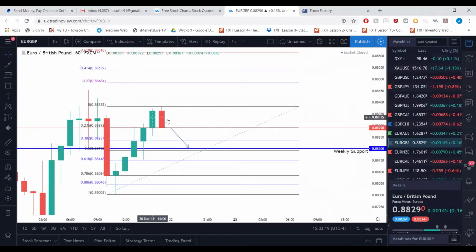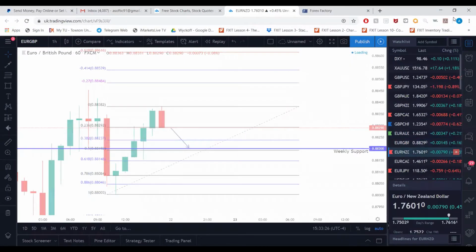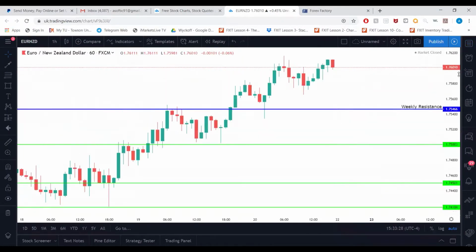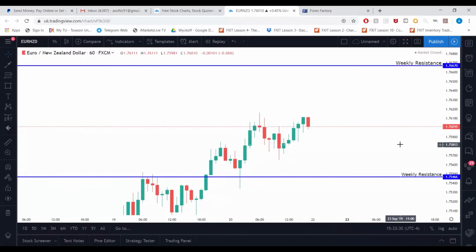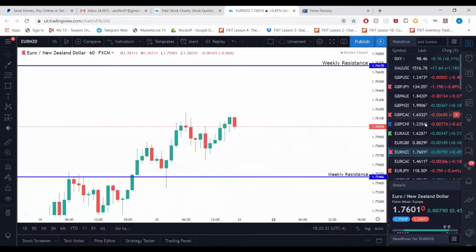We're having a pullback right now. We just have to see if it's going to reject 38.2 or 50. Euro NZD. Okay, well, this is looking exactly the same as Euro AUD. Okay, so I'm gonna mark that one green too.